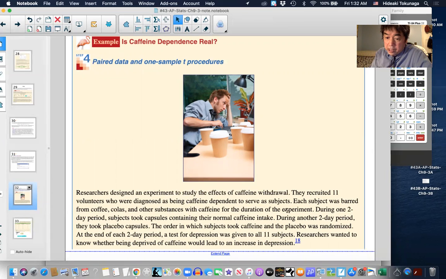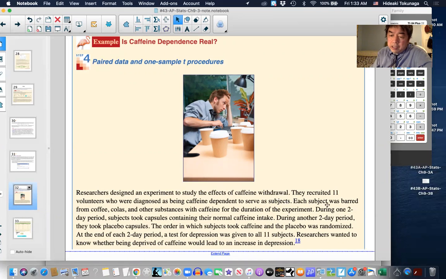So this is an experiment. During a 1-2 day period, they recruited 11 volunteers who were diagnosed as being caffeine dependent to serve as subjects. Subjects means people who become the experiment, like patients at a hospital who get a new prescription or even a placebo, using the placebo effect. You can call them subjects.